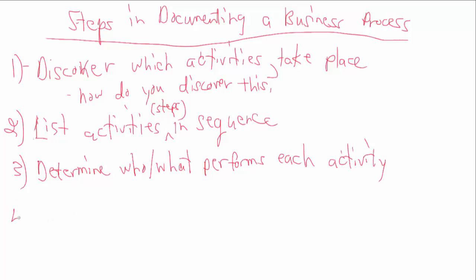So the fourth step in documenting a business process, and this is certainly especially important for DFDs, data flow diagrams, but it's probably useful when evaluating an entire business cycle and determining where one business process ends and the next one begins.